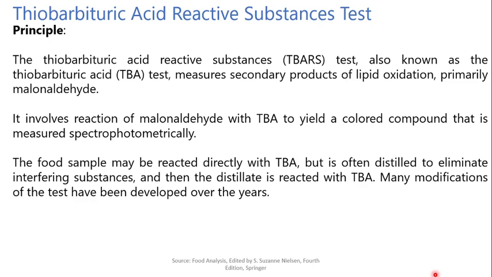So it involves the reaction of malonaldehyde with thiobarbituric acid to yield a colored compound that is measured spectrophotometrically. The food sample may be reacted directly with TBA but is often distilled to eliminate the interfering substances, and then the distillate is reacted with TBA. So many modifications of the test have been developed over the years.